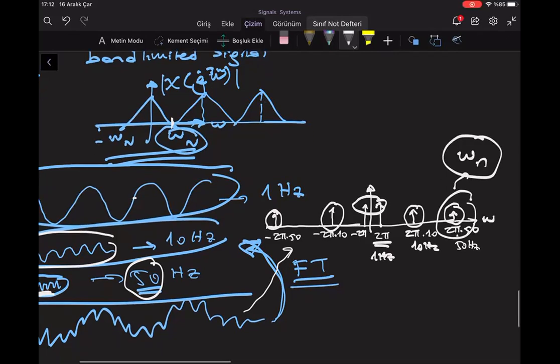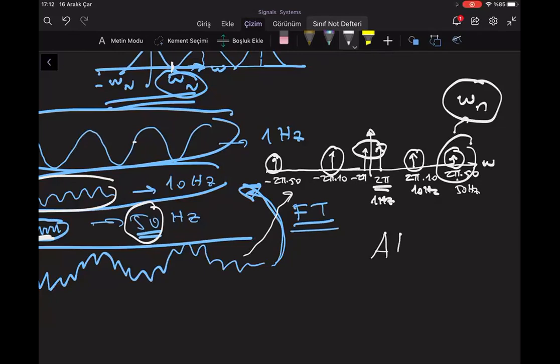You have heard this term, right, friends? I will write it here, aliasing. Some people also read it differently, but the correct one is alias. Alias, what does alias mean? Alper, what does this alias mean? Normally we use alias as a fake nickname.